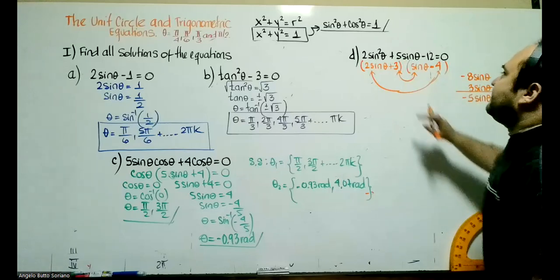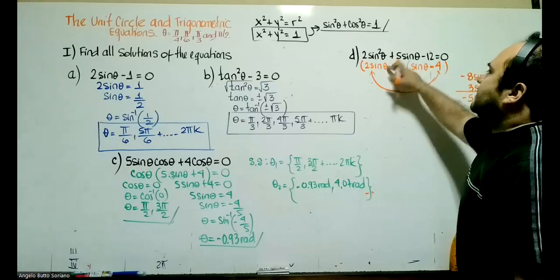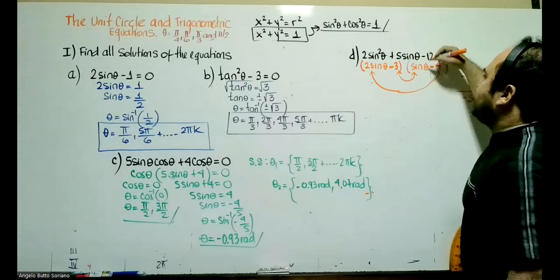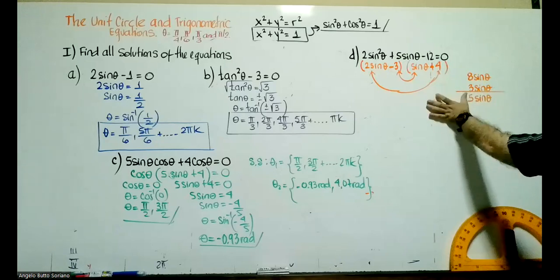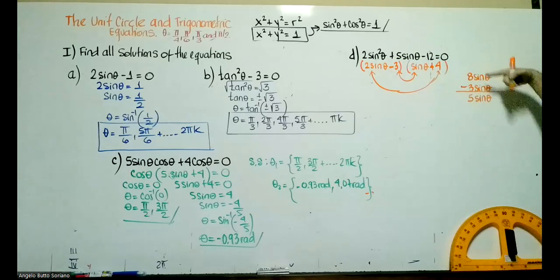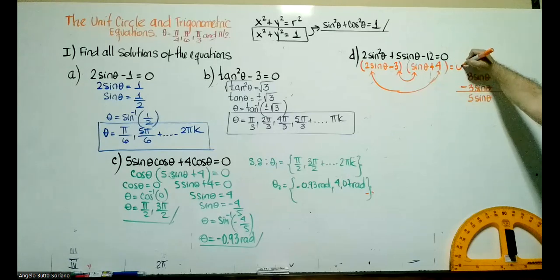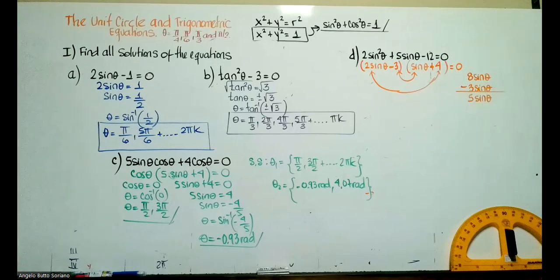For that reason, the only thing I have to do is change the position of the signs. This one is going to be negative, the other one will be positive, and as you can see, 8 minus 3 will be 5. So in this situation, we are pretty sure we did this factorization well.